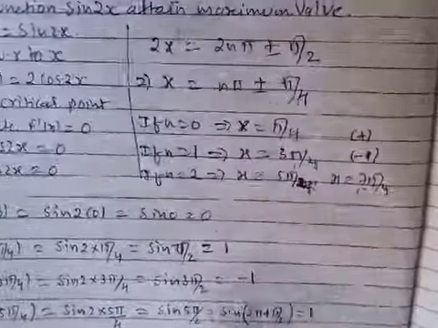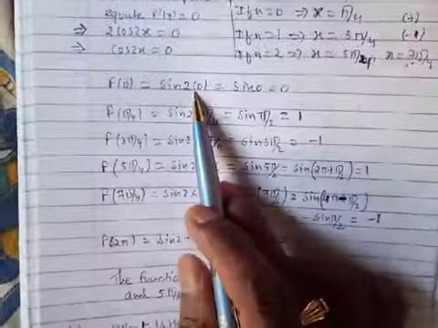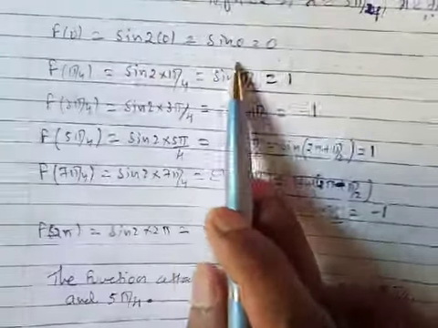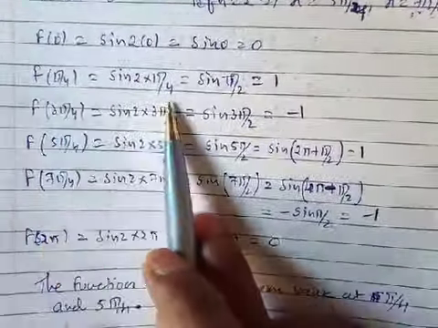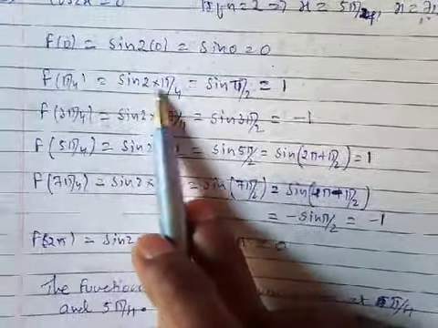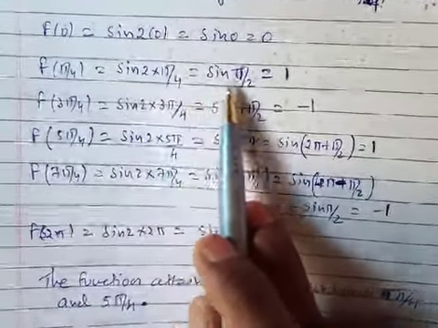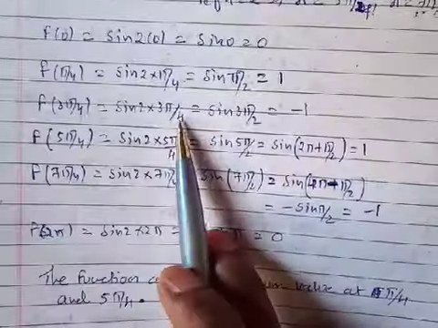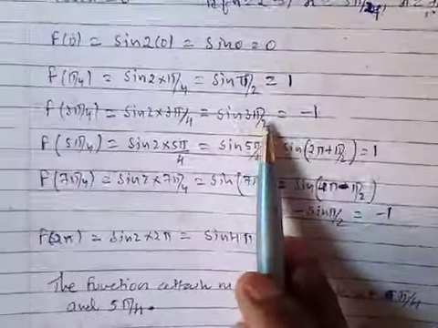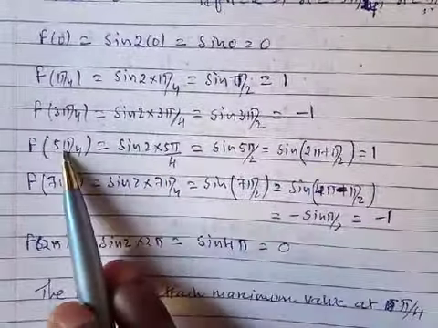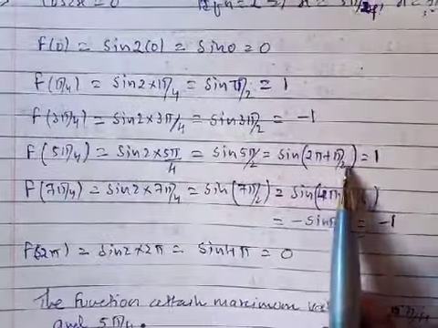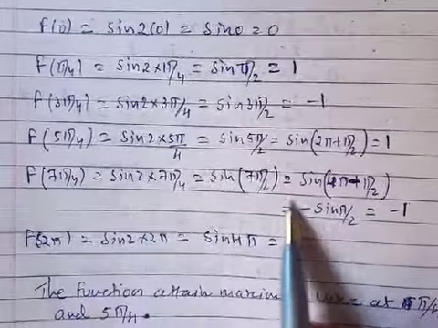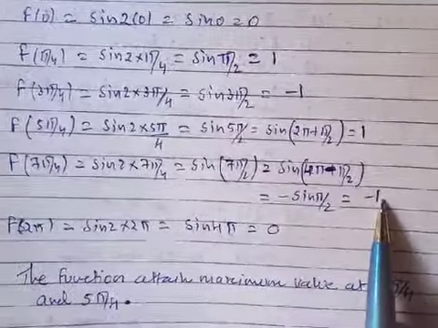So f of 0 is equal to sin 0, which is 0. If you substitute pi by 4 in place of x, you get sin pi by 2, which is 1. At 3 pi by 4 you get minus 1. At 5 pi by 4 you get 1. At 7 pi by 4 you get minus 1.